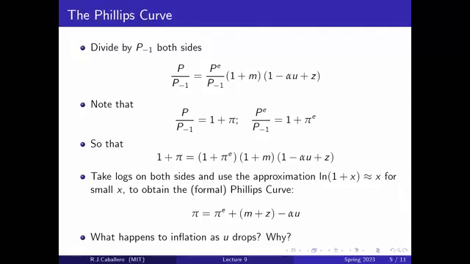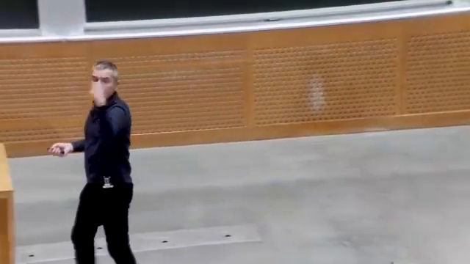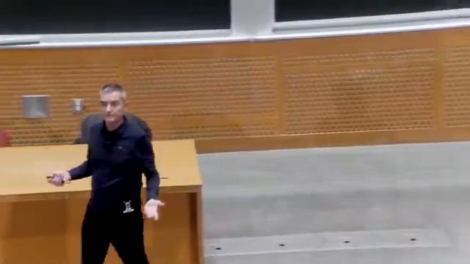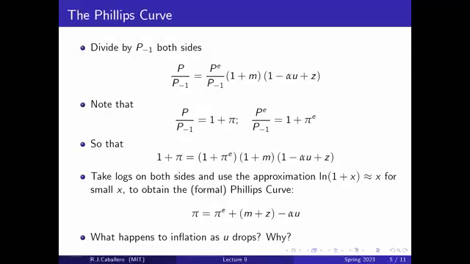Now, remember that P over P minus 1 is equal to 1 plus the inflation rate. Remember where inflation rate is just P minus P minus 1 over P minus 1. So this is just straightforward algebra. Remember our definition of inflation.